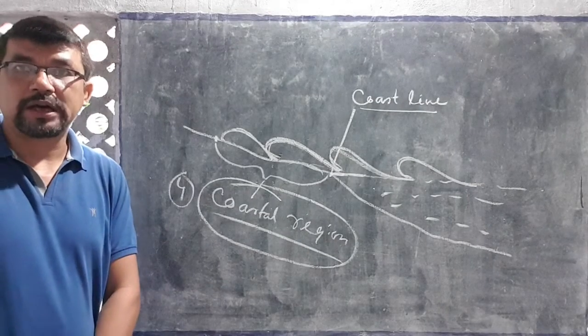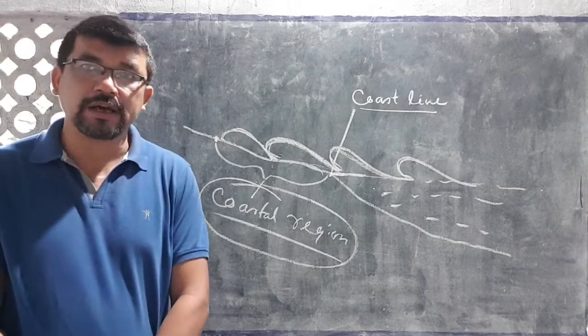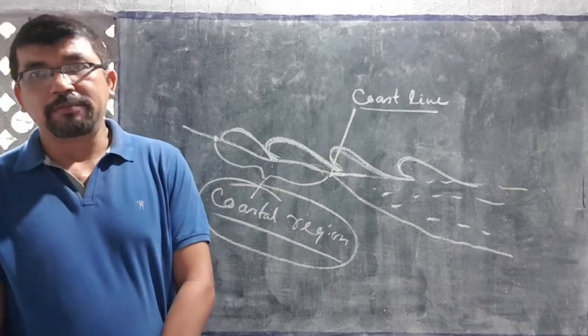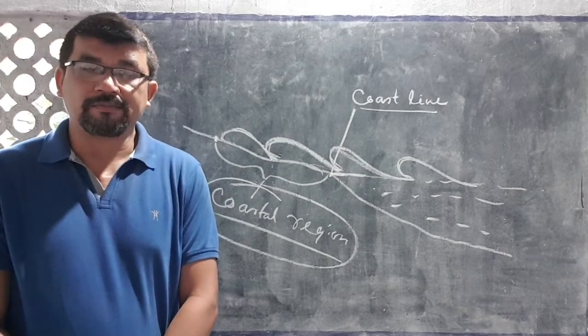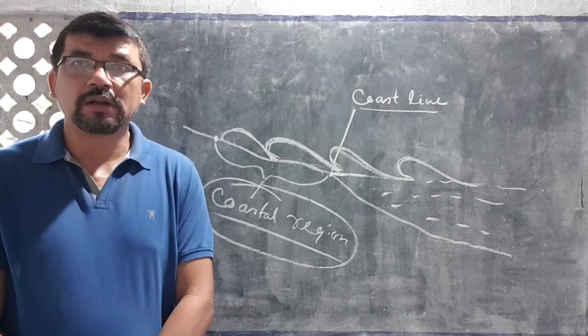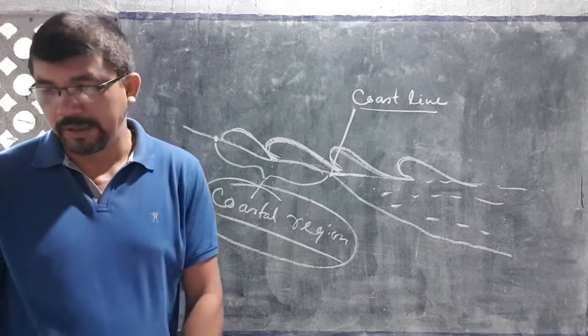I have already told you that the coastal region of India is found in the peninsular region of India, where the Indian Ocean, Bay of Bengal and Arabian Sea are connected. This triangular shaped peninsular region is found in the southern part of India.